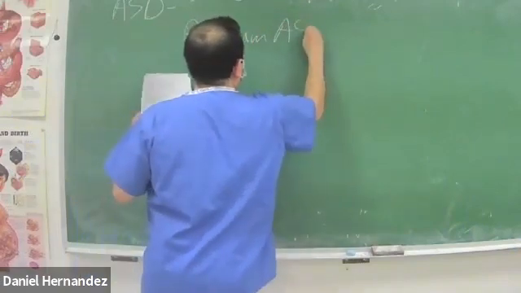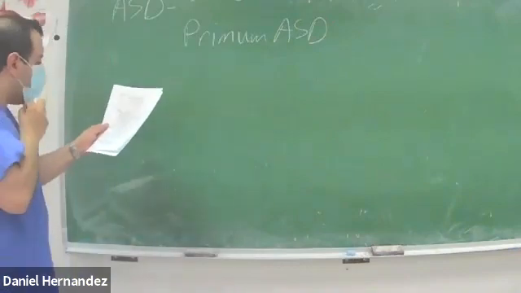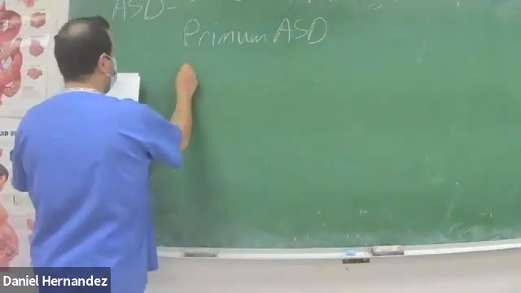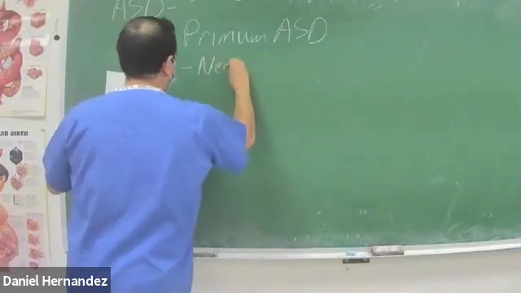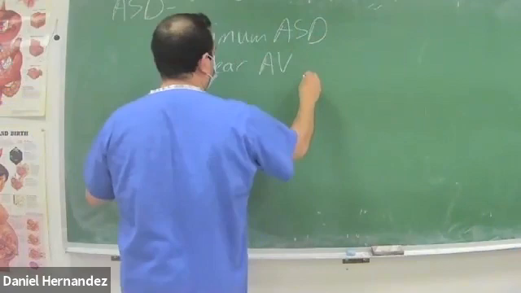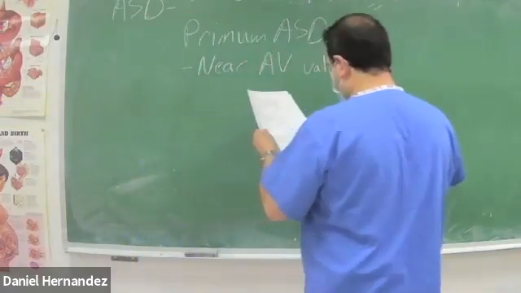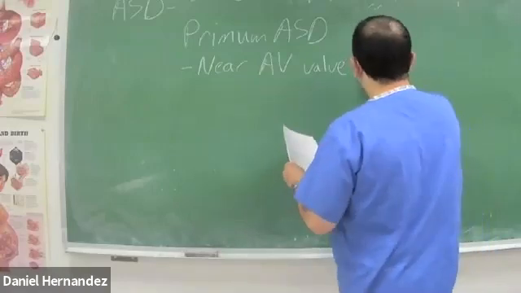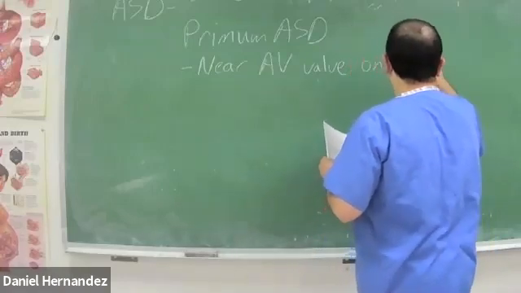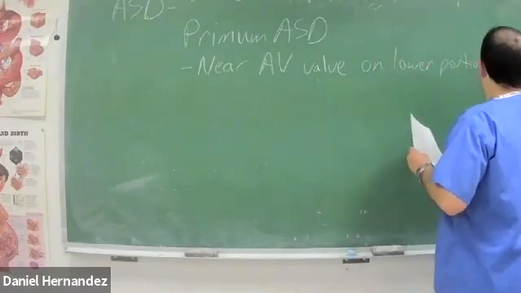Primum ASD, or ostium primum ASD. This one is located near the AV valve, in the lower portion of the septum.